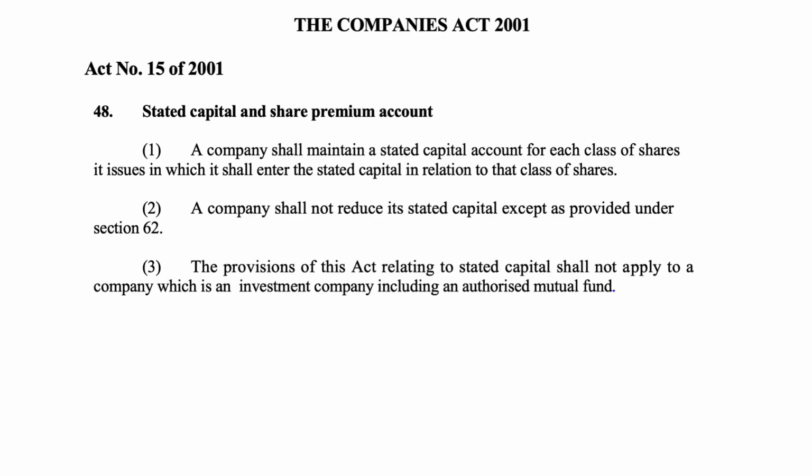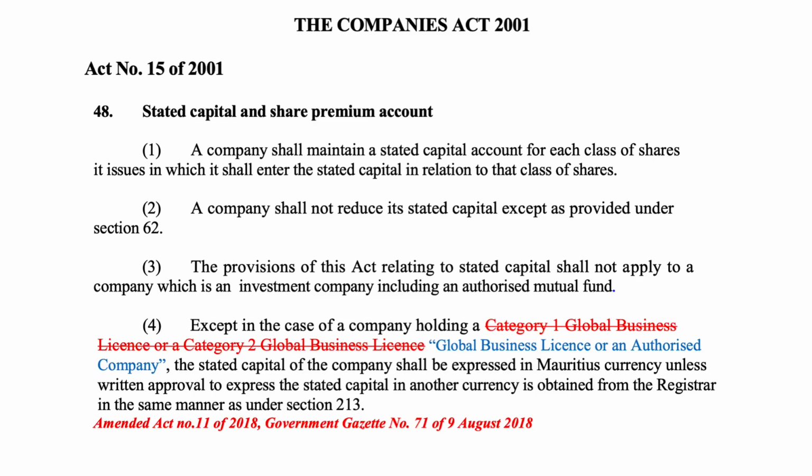Subsection 3 reveals that the regulations within the Companies Act 2001 concerning stated capital do not extend to a company categorized as an investment company, including an authorized mutual fund. Subsection 4 asserts that unless a company holds a global business license or is licensed as an authorized company by the Financial Services Commission of Mauritius, the stated capital of the company should be denominated in Mauritian currency.